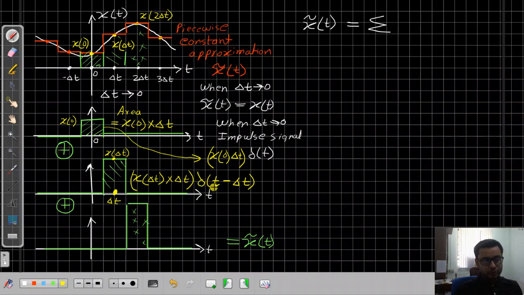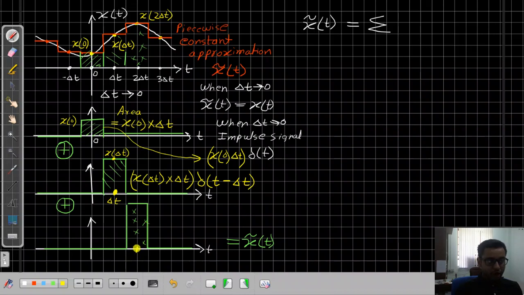This should be t minus del t, because when you shrink this into a narrow pulse, that pulse is going to occur at this point. Now, can you tell what should be the expression of this pulse?